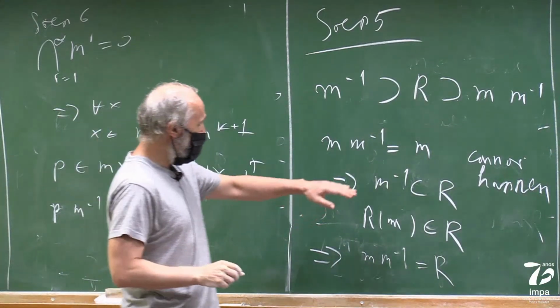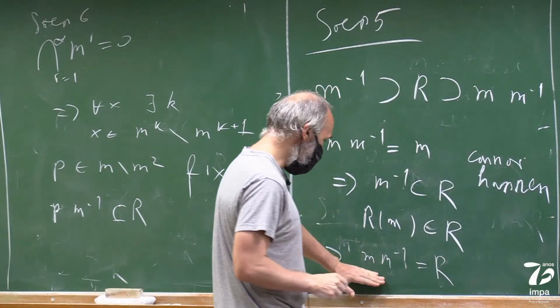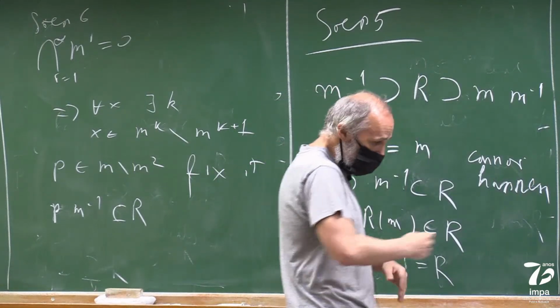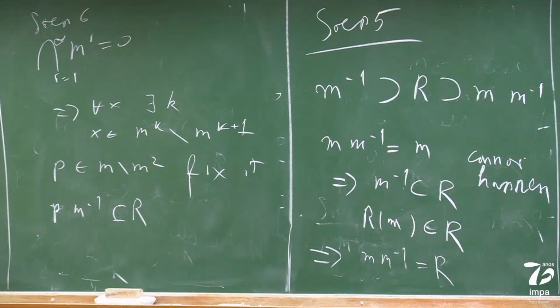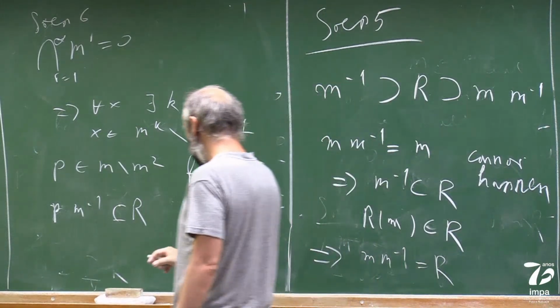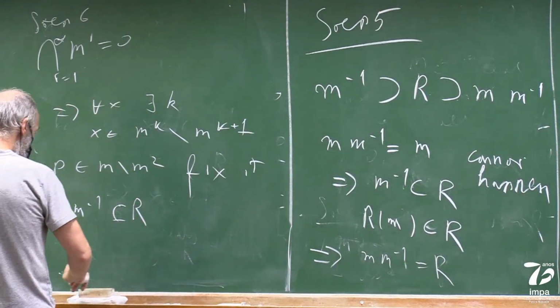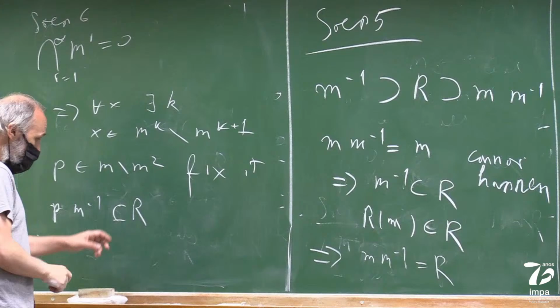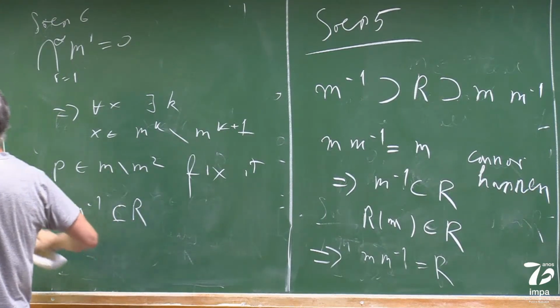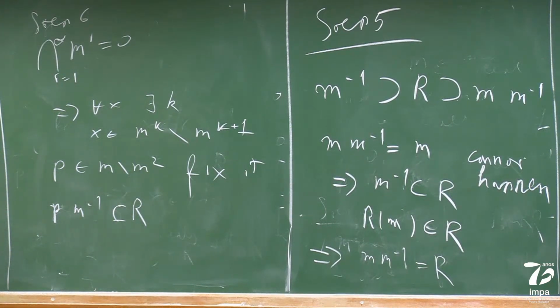This is because of that. So we know that m^(-1) m is R, so if you take a part of m^(-1), it will be an element, and it will sit in R. And then I want to say that it's actually equal to R. Otherwise, a priori, it could be slightly bigger, slightly smaller.